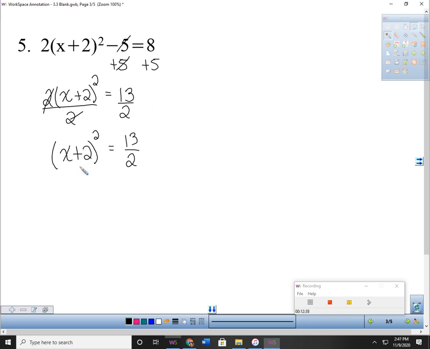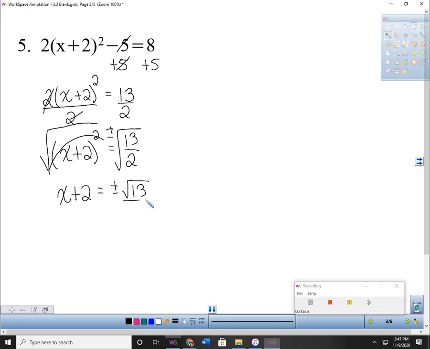So now, so I can get inside of here, I have to square root to get rid of that square. But I'm not going to forget that I have a positive answer and a negative answer. So x plus 2 is equal to. Now, we already know that 13 is a prime number, so I'm not going to be able to reduce that.